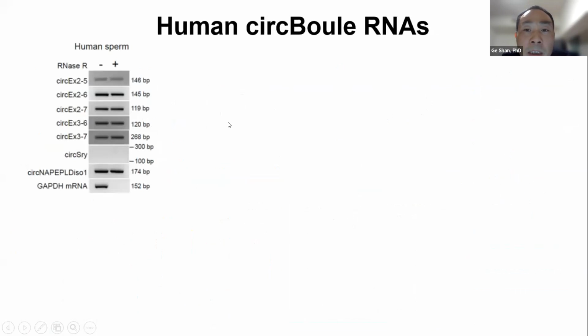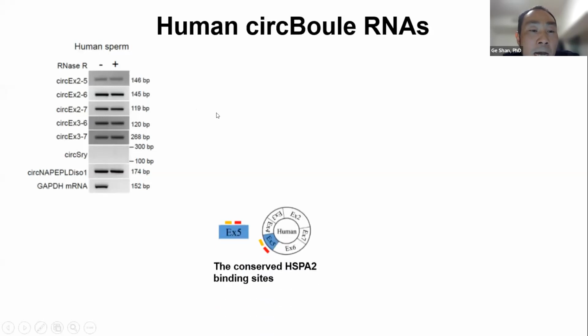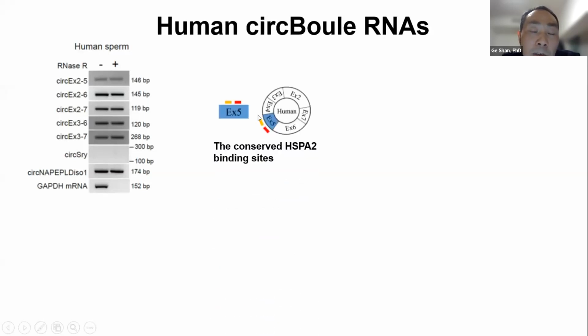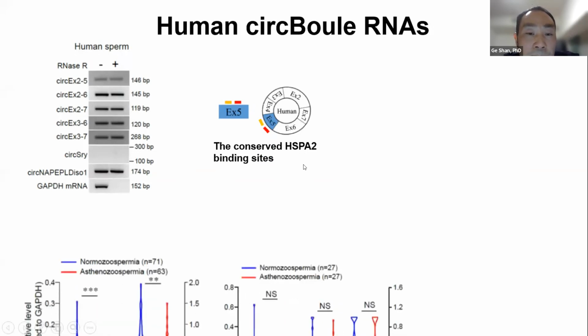In human, we found that human sperm also express circBoule RNA, and the two binding sites are also conserved in human circBoule. If we delete them, then the interaction between the human circBoule and HSPA2 is abolished.